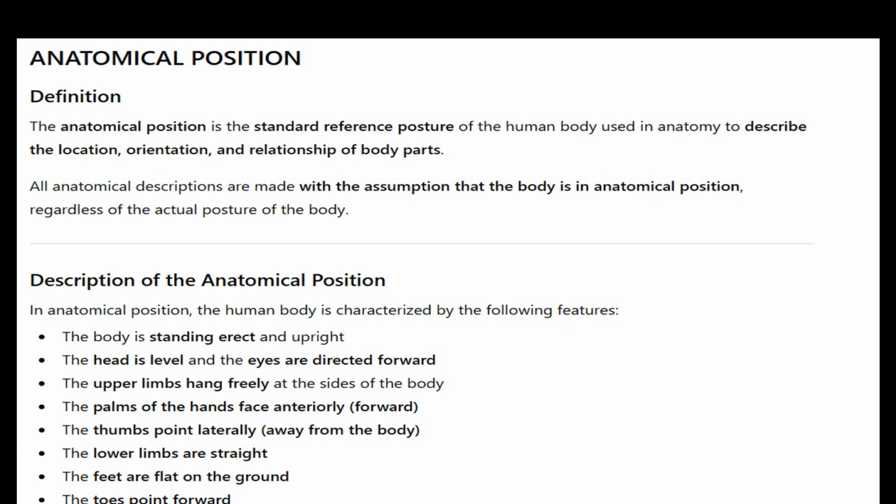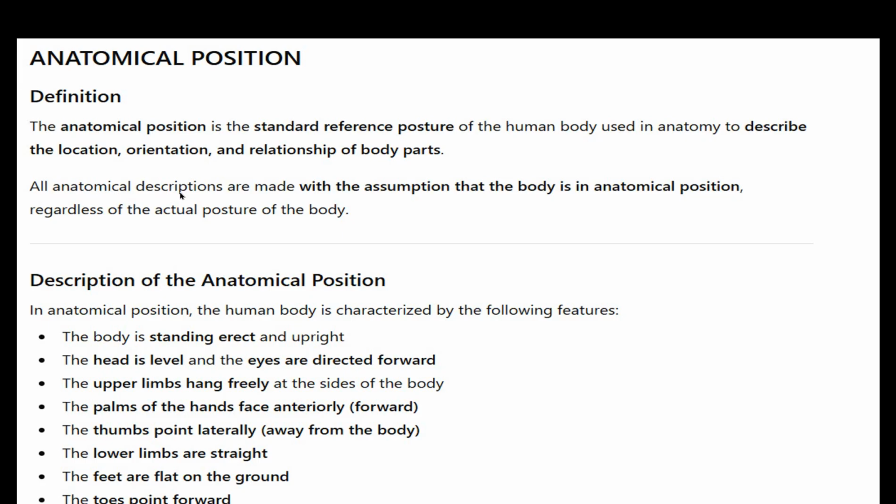This is a very important and simple definition, because it clearly mentions that anatomical position is a standard reference posture of the human body that is used in anatomy to describe the location, orientation and relationship of the body parts. Clear?